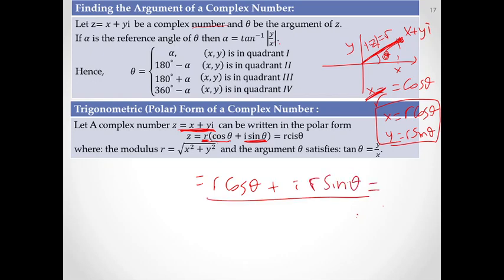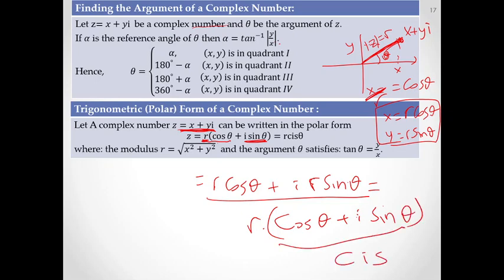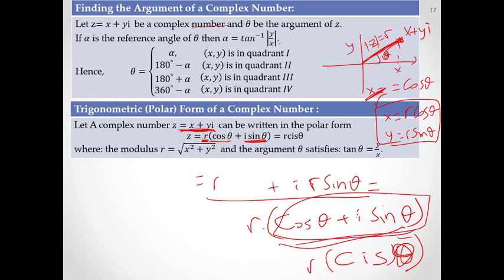And instead of writing this way, we just say r times cosine theta plus i sine theta. And this one is called cis. Okay, r cis theta. So when we say this one, it means cosine theta plus i sine theta.